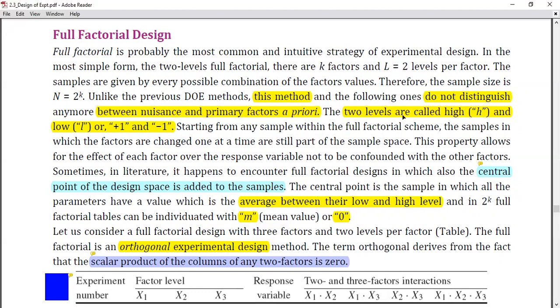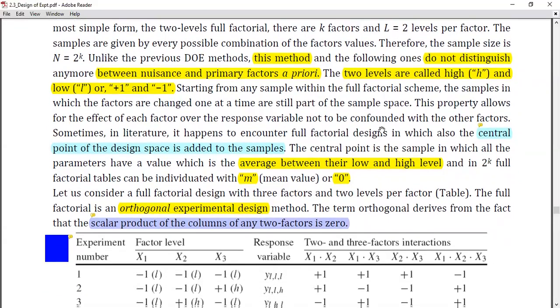To make the design more statistically valid, we name these two levels the high level, denoted by H or +1, and the low level, denoted by L or -1. These are symbolic representations. You can represent with H or +1, and L or -1.